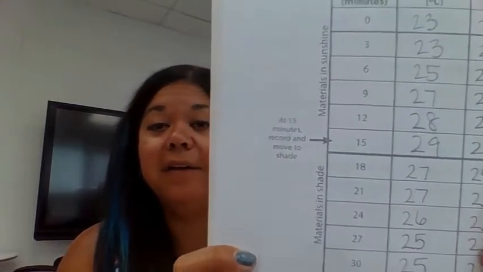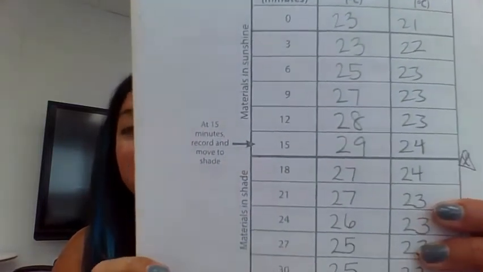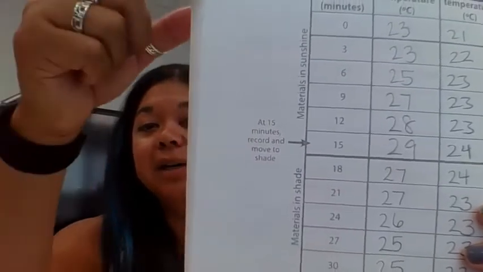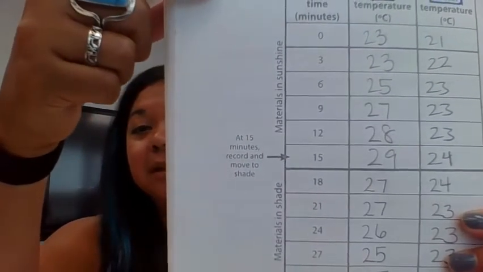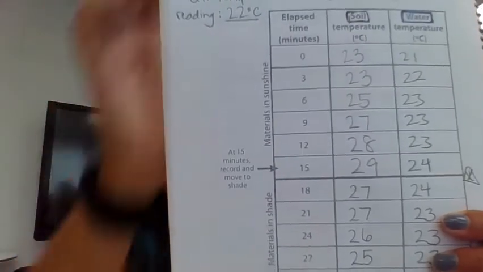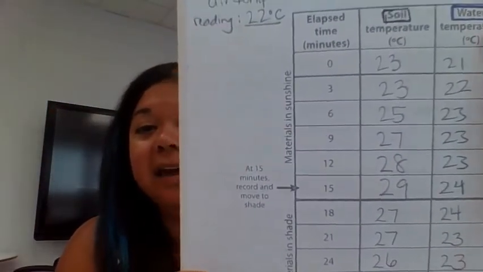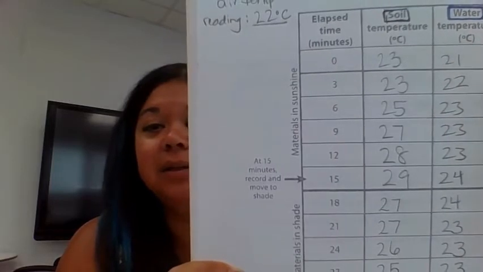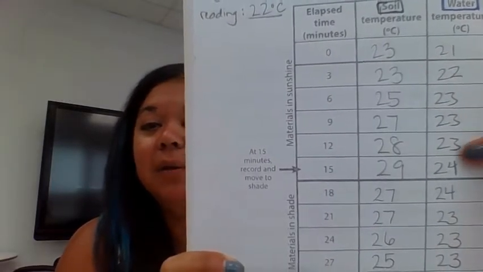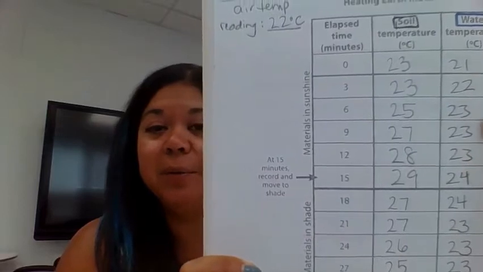Then if I look at my water data, at time 0 it was about 21 degrees, and then as it heated for that 15 minutes, you can see that there really wasn't much of a temperature change. It was pretty consistent.